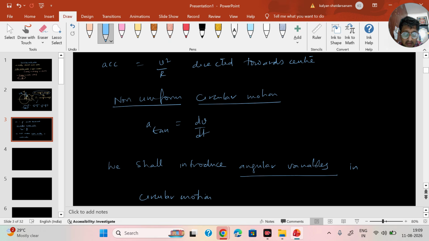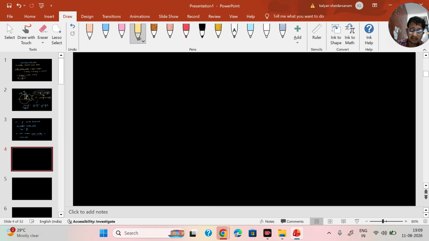Up till now, I have not talked about angular variables in circular motion. We already did kinematics using these two ideas: v square by r is radial and dv by dt is tangential. But now we are going to introduce the angular variables. So let's see how we define them, in the context of circular motion.